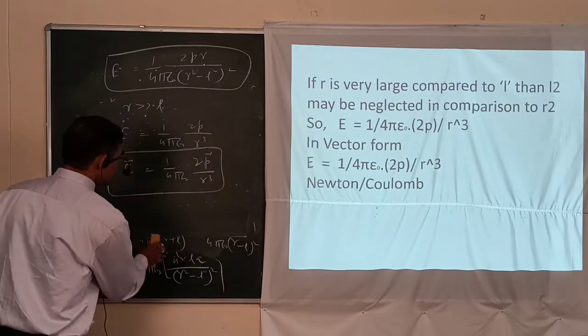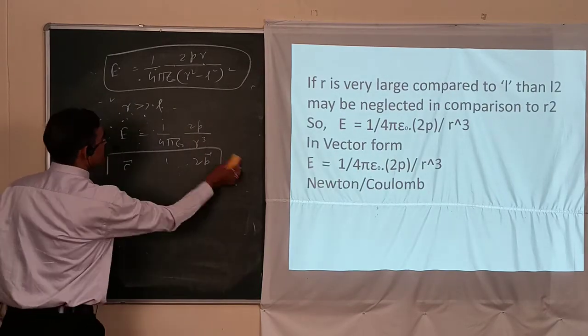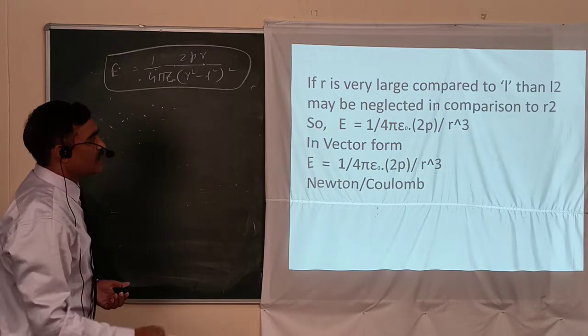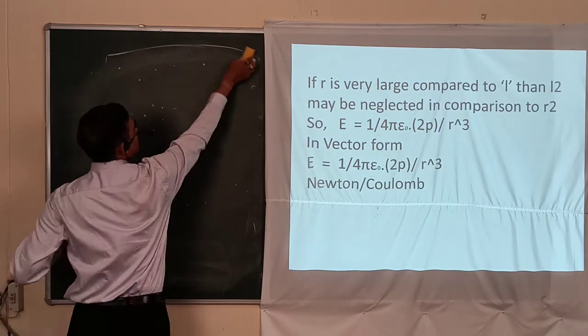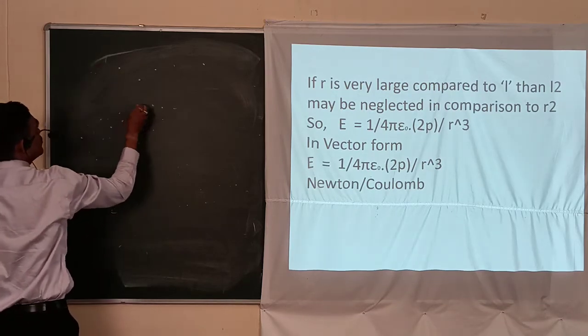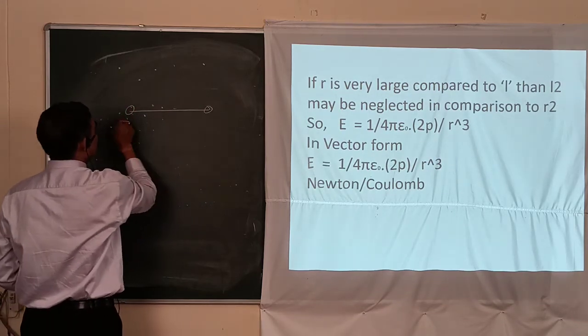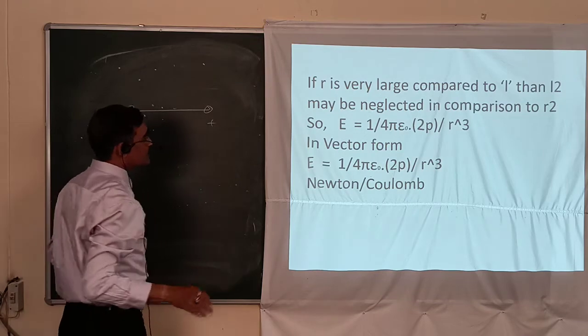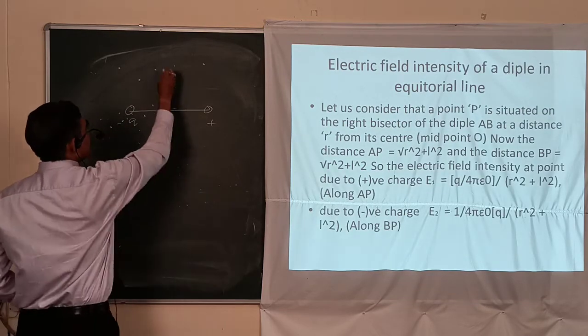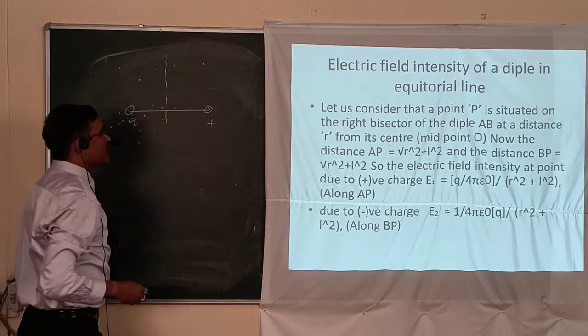Now the second case is the electric field on the equatorial line. Suppose this is the dipole, minus q and plus q. In that case this is known as the equatorial line or the perpendicular bisector.